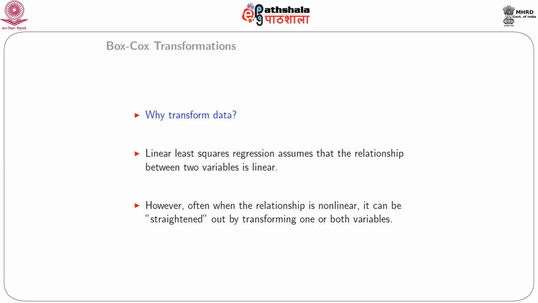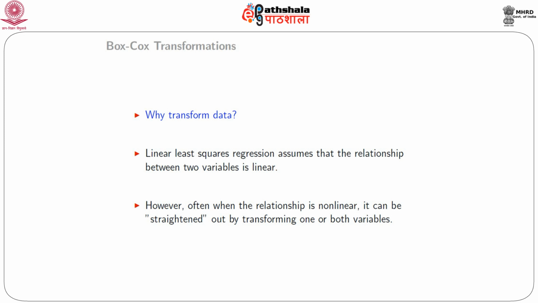So when the relationship between the dependent and independent variable is not linear and we still wish to fit a linear model to the data, then we can consider a few transformations of either the predictor variables or the response variable, and then fit a linear model to the data to study the effect that the predictor variable has on the transformed responses.